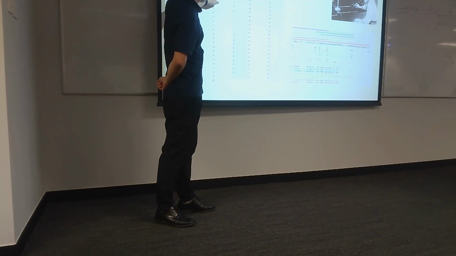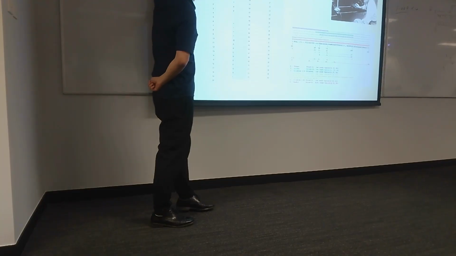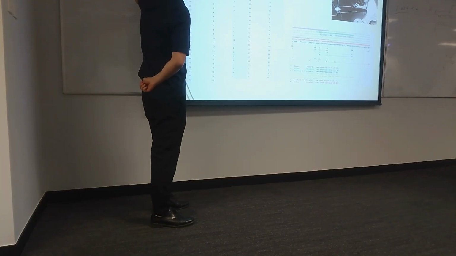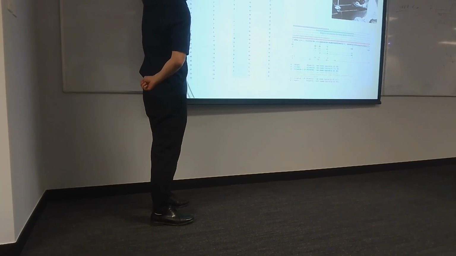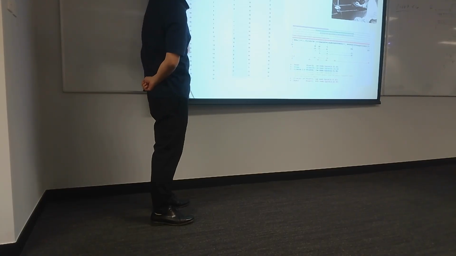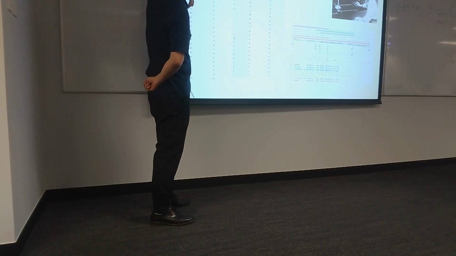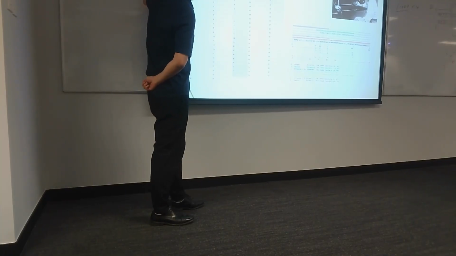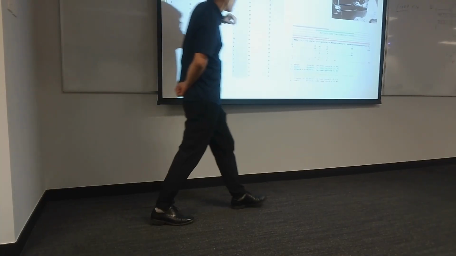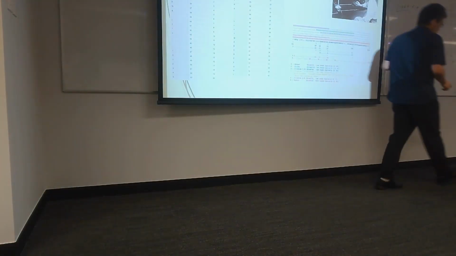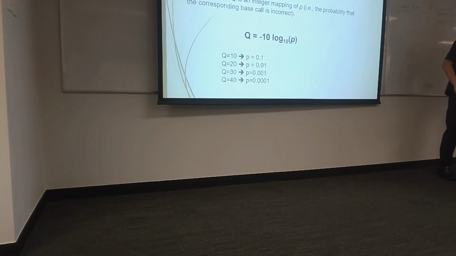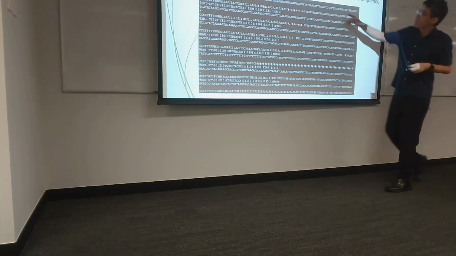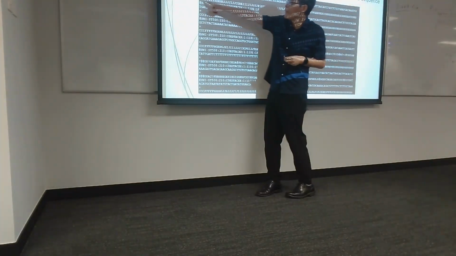So here, Q score 0 means ASCII 33, which means this symbol, okay? Then you rank all the symbols by ASCII code, and you get the matching between the symbol and the Q score, right? This is how we get this kind of line 4.